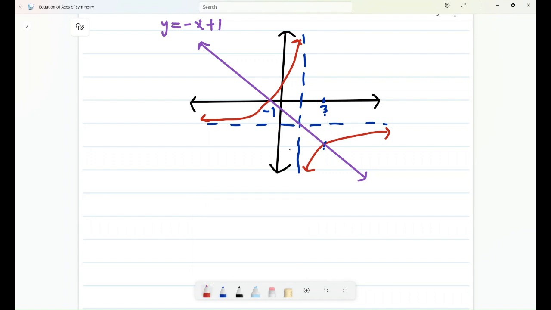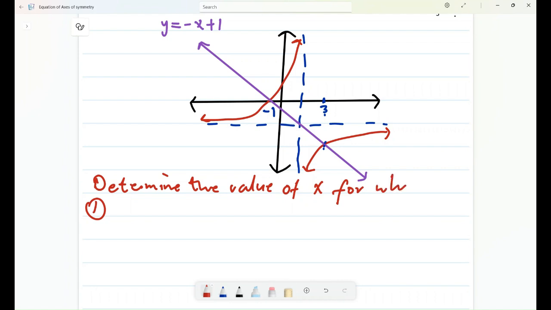The examiner might say to you, the first one, let me say, determine the value of x for which, number 1, let's say this function is given as f, for which f of x is greater or equal to 0. These questions we should not neglect.